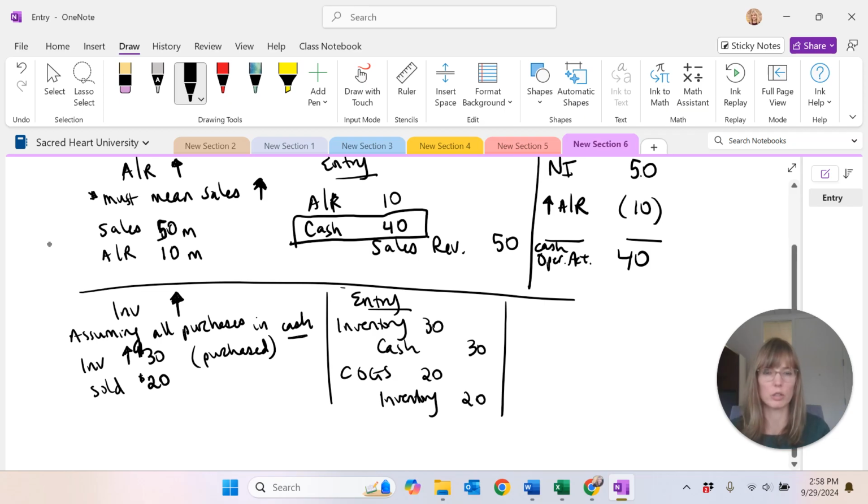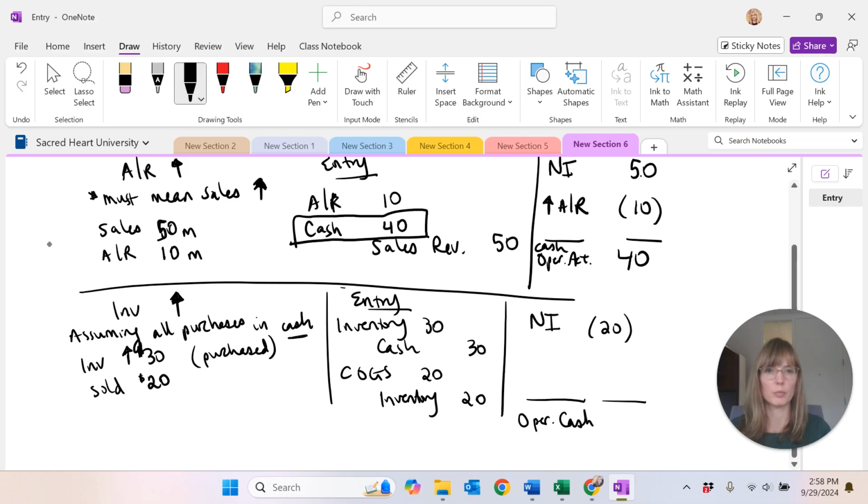And what if we're reconciling from net income? Across these two entries, net income decreased by 20 because we have nothing but an expense, cost of goods sold. And we know that our cash from operating activities, a credit of 30, is negative 30.